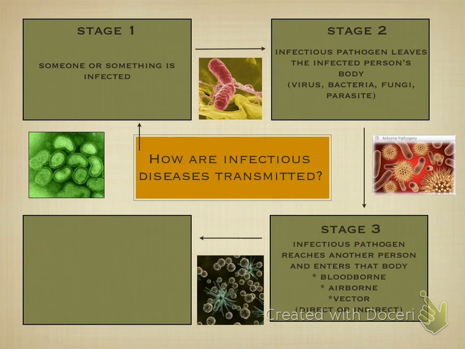Now, there are certain ways that can happen. If it is blood-borne, that means the pathogen lives in the blood. It isn't in the urine. It isn't in the sweat. It could be in vomit. People do vomit blood. Sometimes people cough up blood, unfortunately.